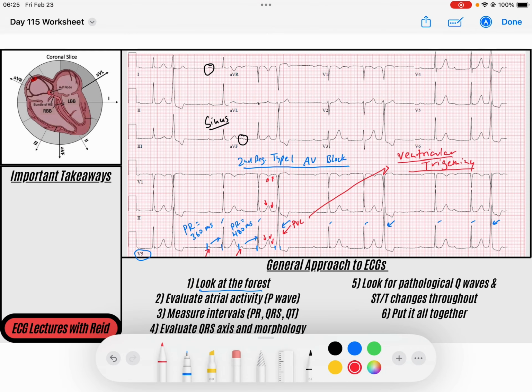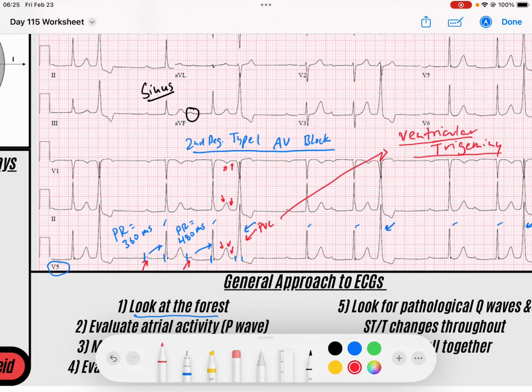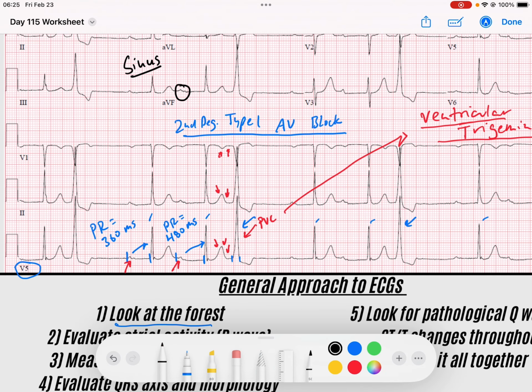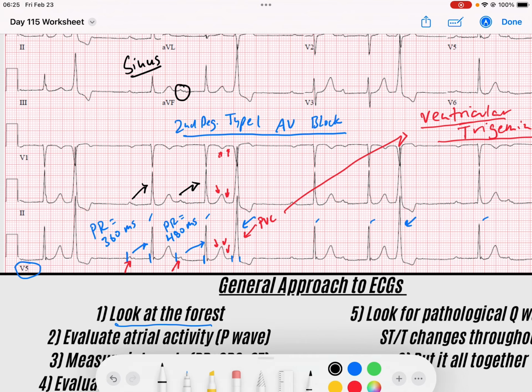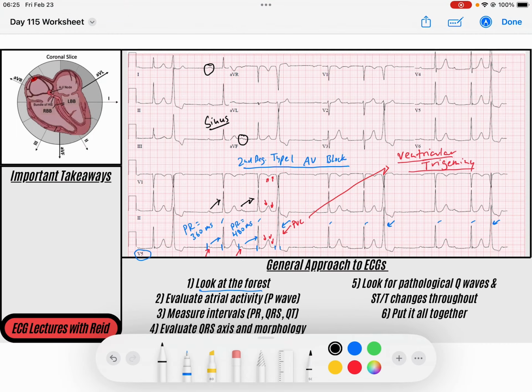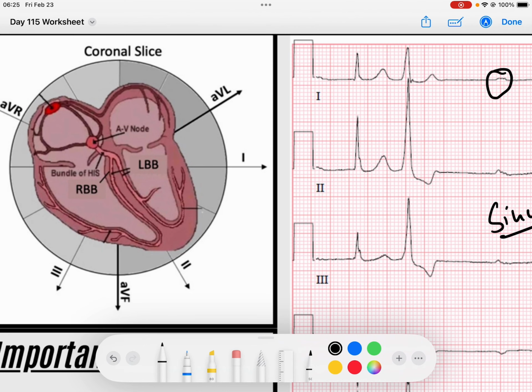We would expect that if this PR interval continued to lengthen, it would likely drop, but we don't get that here. All we get to do is explain that we see that physiology of second degree type 1 AV block, because we know second degree type 1 AV blocks are evidence of decremental conduction. If you haven't watched my second degree type 1 AV block video, I would go watch that.